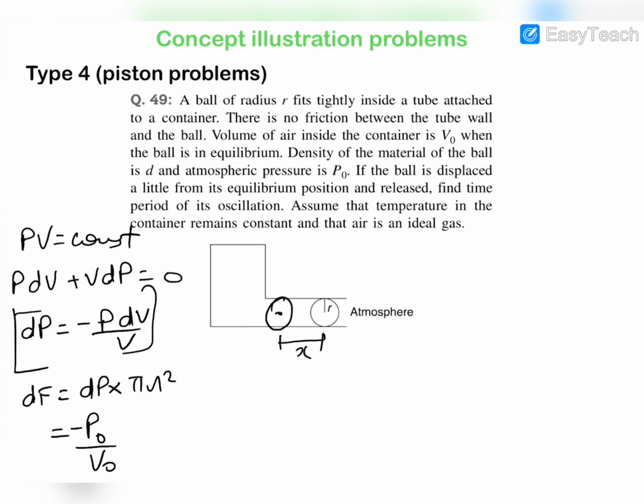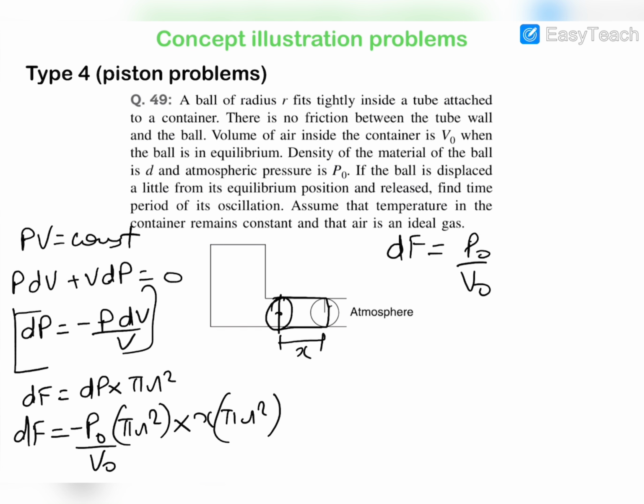So the change in volume will be equal to pi r square into displacement; you can imagine that the change in volume is the volume of this cylinder. So dF magnitude will be equal to P naught upon V naught into x into pi r square to the power 2.